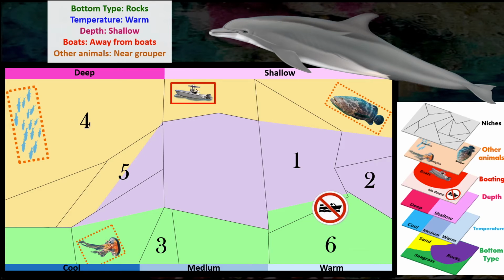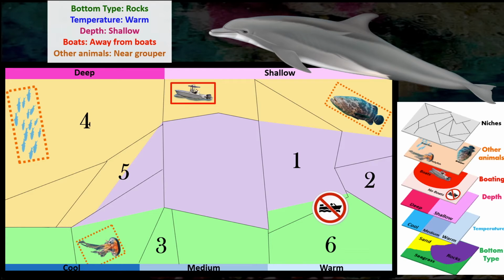So which one of these would fit? Well, bottom type rocks, we said the rocks are purple, all right? So we've got all of our niches outlined there, and some of them are numbered too. That excludes niche 4, niche 3, and niche 6. None of those are over rocks, right? We want warm water, so we know it's going to be on the far right, so that kind of narrows it down.